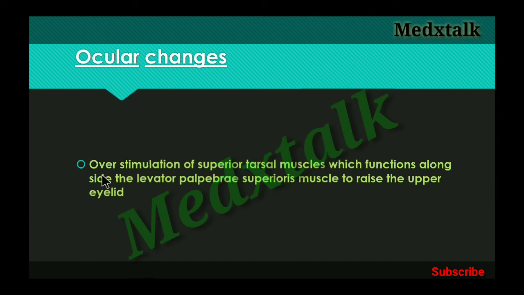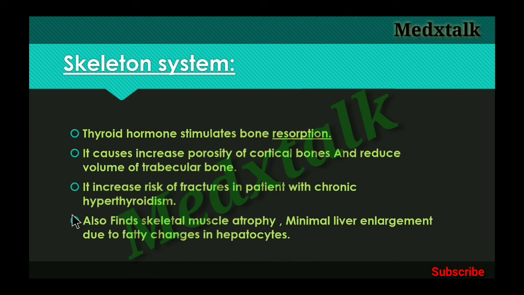Now we discuss the skeletal system. Thyroid hormone stimulates bone resorption. Here, resorption of the bone means the calcium ions of the bone enter into the blood circulation. Thyroid hormone causes bone resorption.